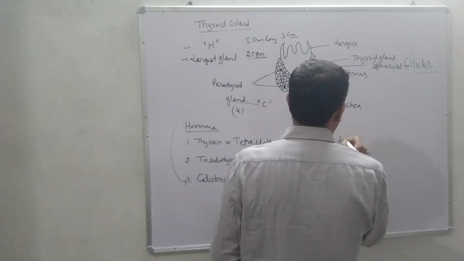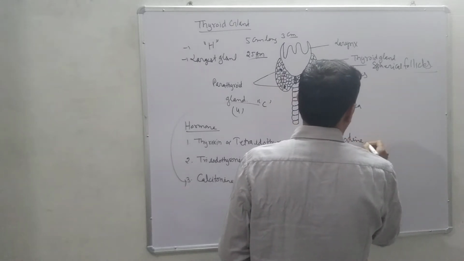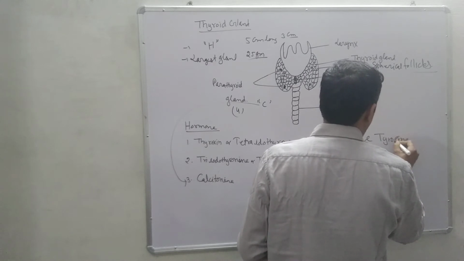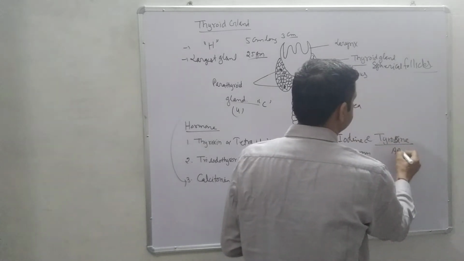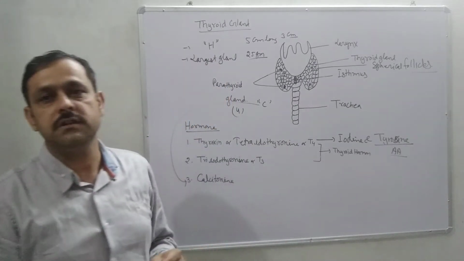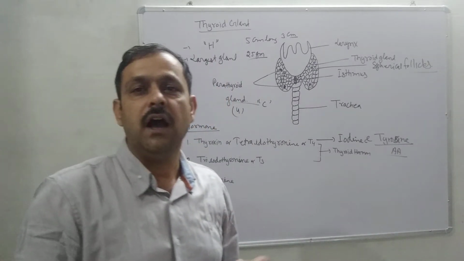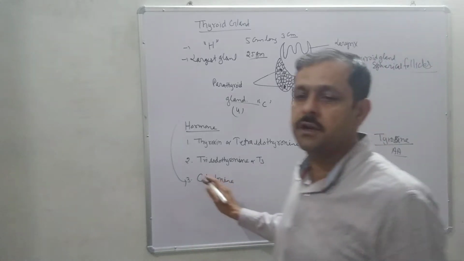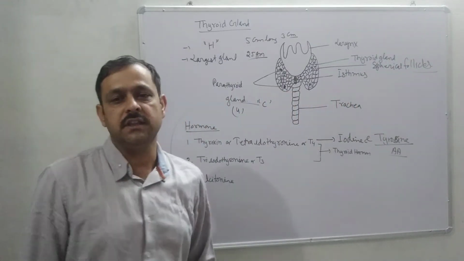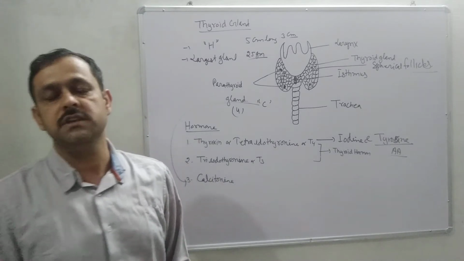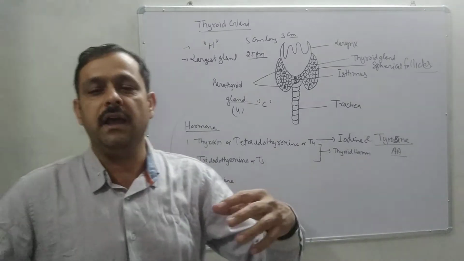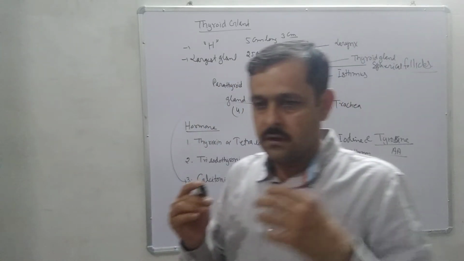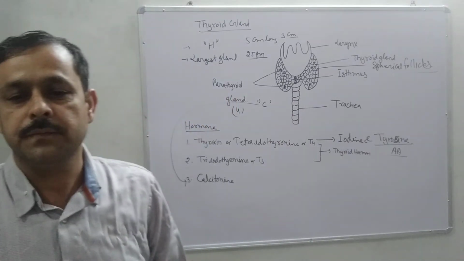So you have to remember, it is formed of iodine and tyrosine. Tyrosine is the amino acid which we studied earlier. Next is calcitonin. C cells of the thyroid gland synthesize this hormone. It stimulates excretion of calcium ion in urine and reduces breakdown of bones.